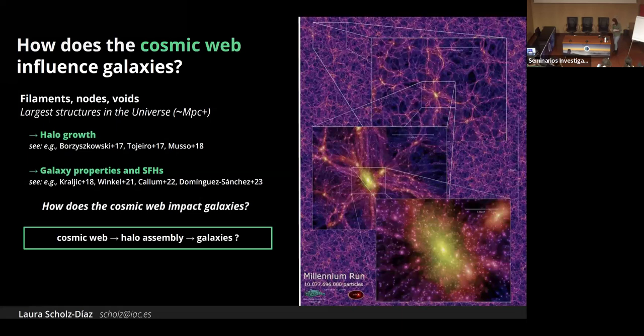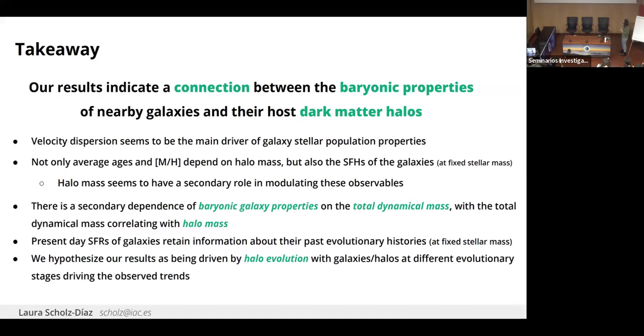So can the cosmic web affect halo assembly, and then halo assembly is affecting the properties of galaxies? This is something that we don't know, but it's something that we would like to work on in the future. So with that, I get to my final slide.